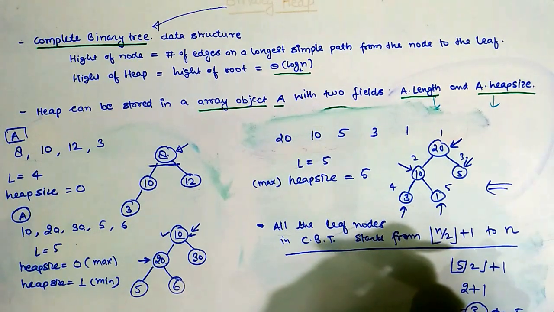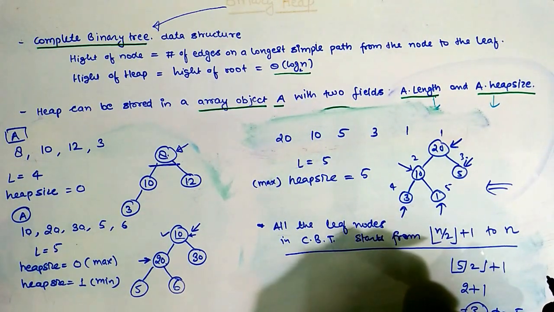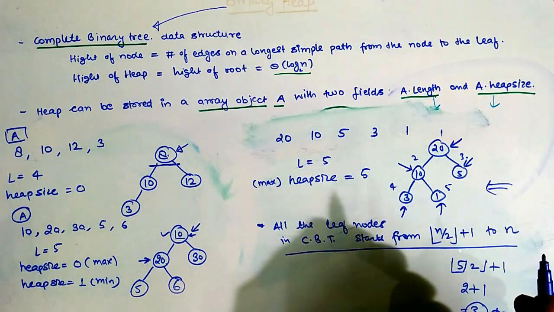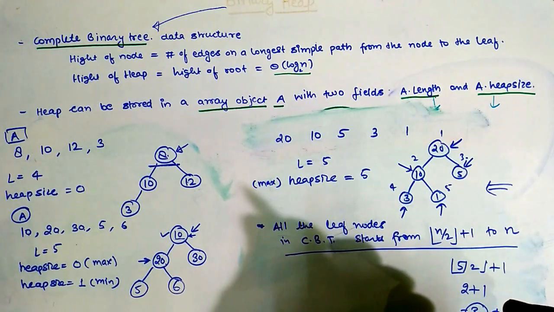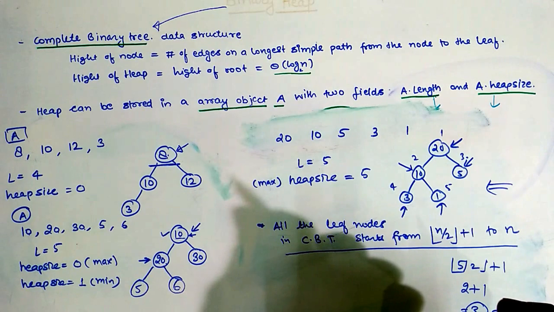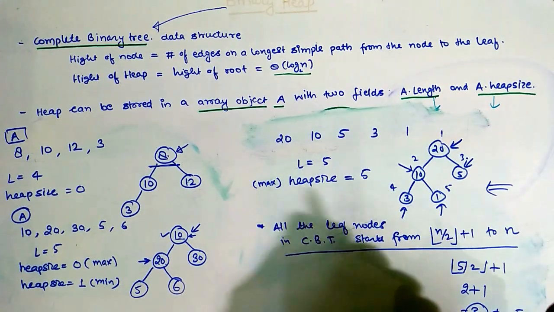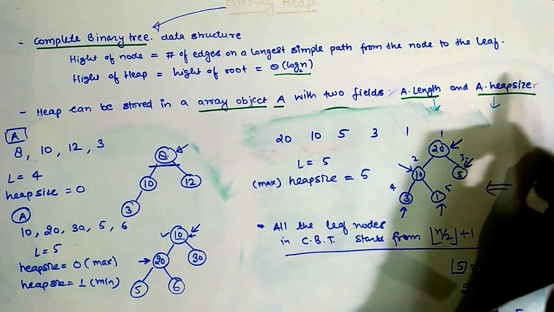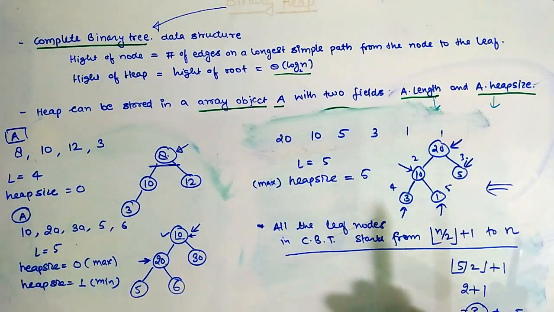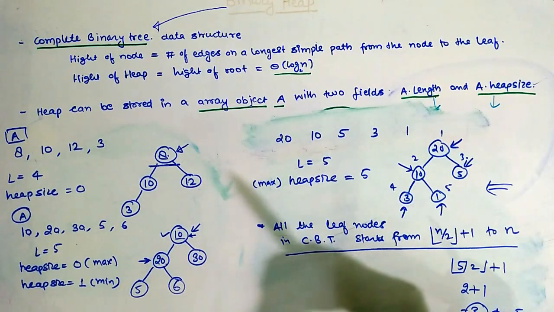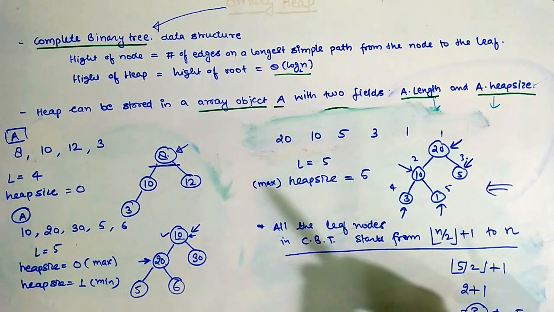Okay, so that's it. We have covered what a binary heap is, what a complete binary tree is, the properties of a complete binary tree, how we can store a binary heap in an array, what the heap size is, how we calculate the heap size of a given array, and how we can fetch the values from a given array for the heap.